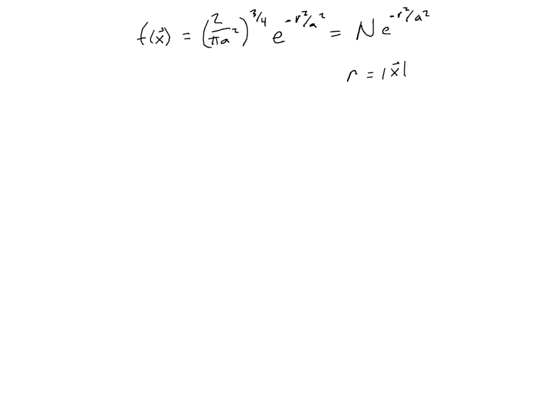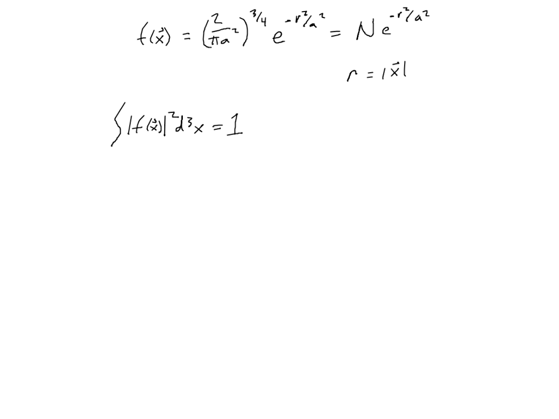So what happens is that we're normalizing this thing in such a way that if you take the magnitude of f of x and you square it and you integrate that over the entire volume, you're going to get 1. That's what we mean by normalized.